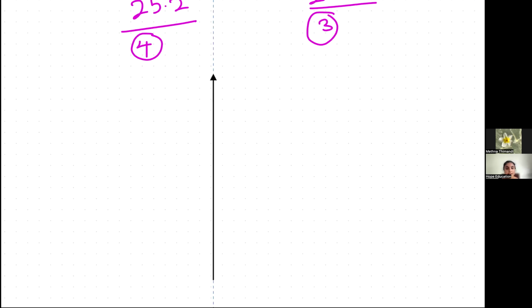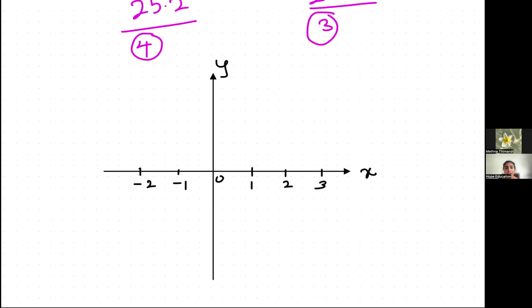This is the y-axis and this is the x-axis. So let's say this is 0, 1, 2, 3, -1, -2, and -3. Here 1, 2, 3, then -1, -2, and -3, right?